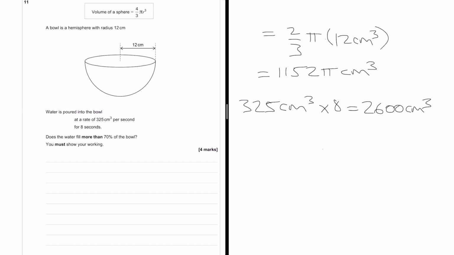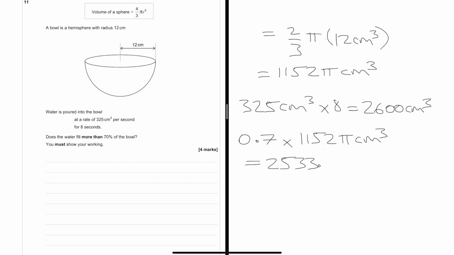So the question is, does the water fill more than 70% of the bowl? So what is 70% of the total volume of the bowl? Well, it's going to be equal to 0.7 times the total volume, which is 1,152 pi centimeters cubed, and this gives us 2,533.4 centimeters cubed.